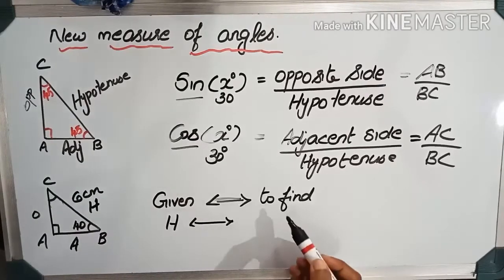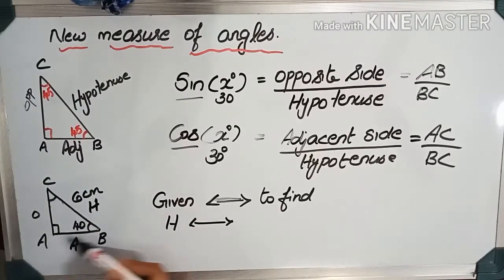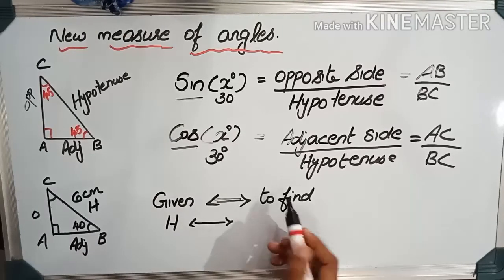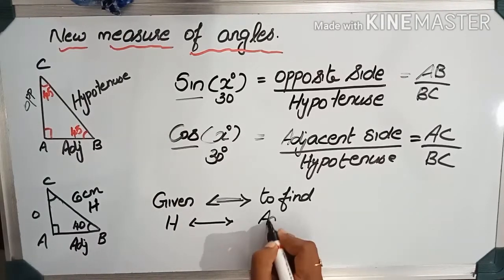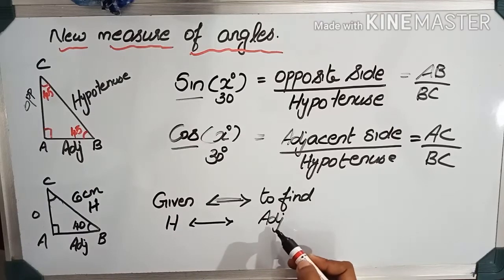Now we have to check which measurement you have to find. The measurement to find is AB. That is the adjacent side with respect to 40 degree. So the given measurement is hypotenuse and the measurement to find is adjacent.